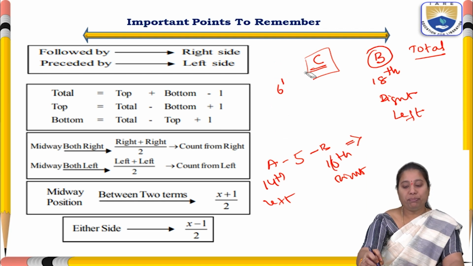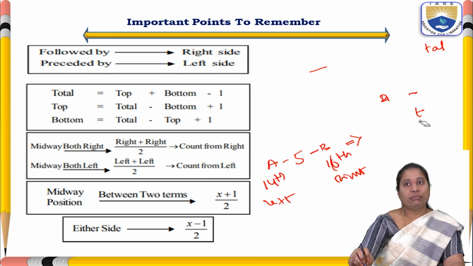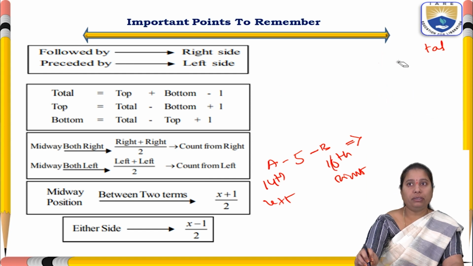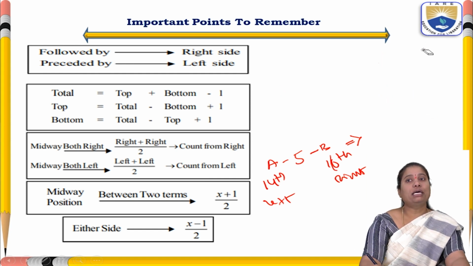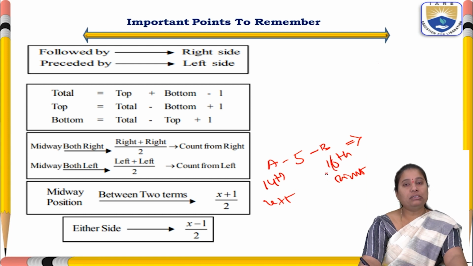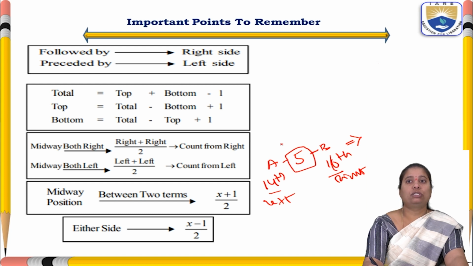So for example, up to A, how many members are there from the left side? 14 members. And from the right side up to B, 16 members. So now 14 plus 16 is 30. And in between them 5 members are there, which means the total strength of the class is 35. The total strength of the class is 35.